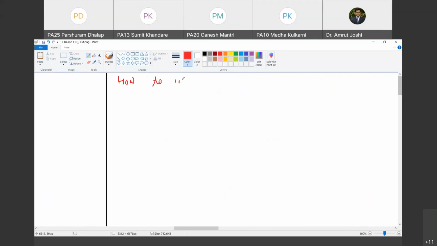How to integrate f of x, y, from x minus 1 to 1 and y minus 1 to 1.